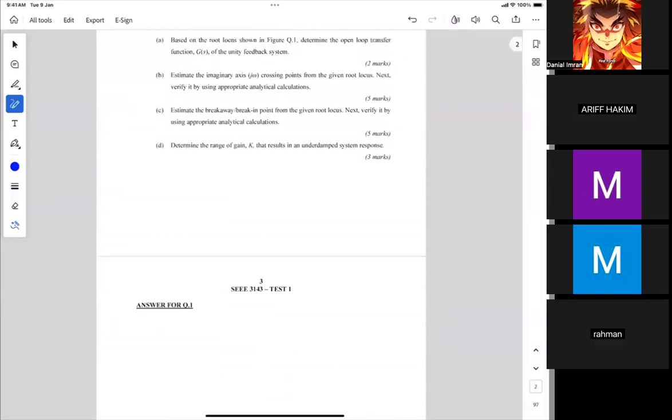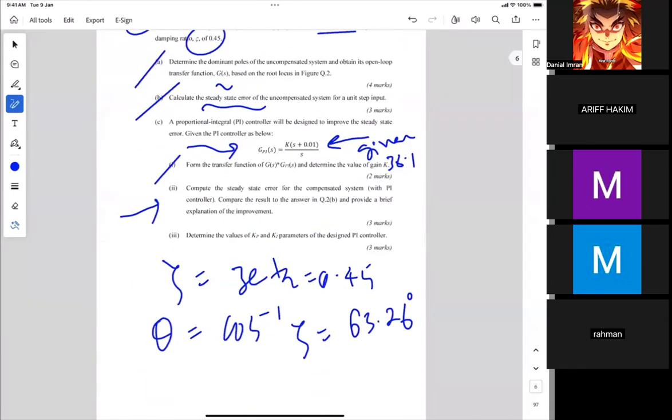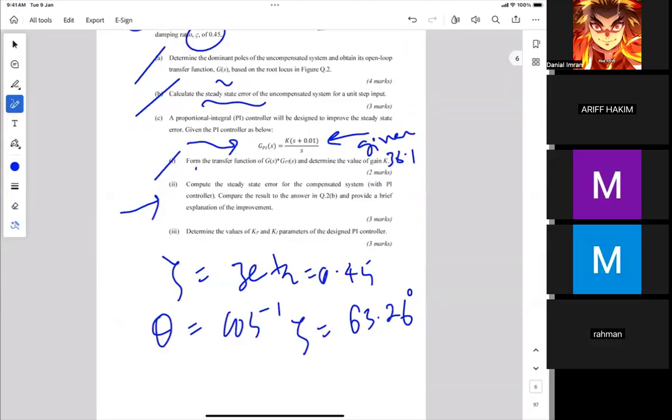Next question. Okay. Determine the values of Kp, Ki of the PI controller. All right.